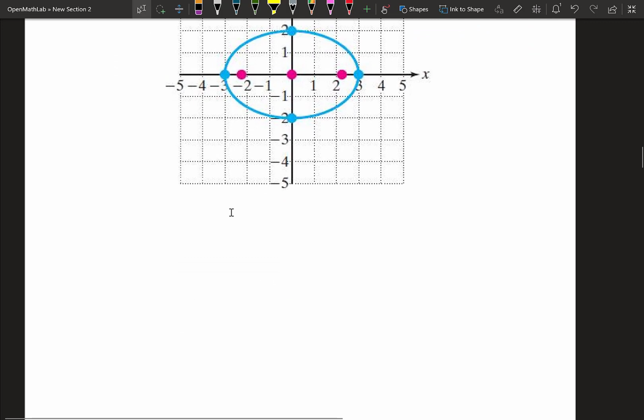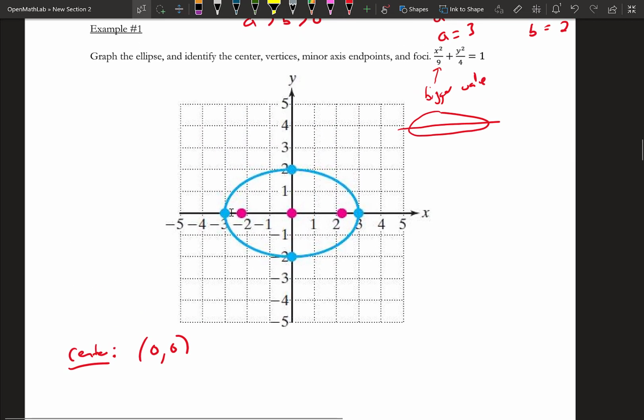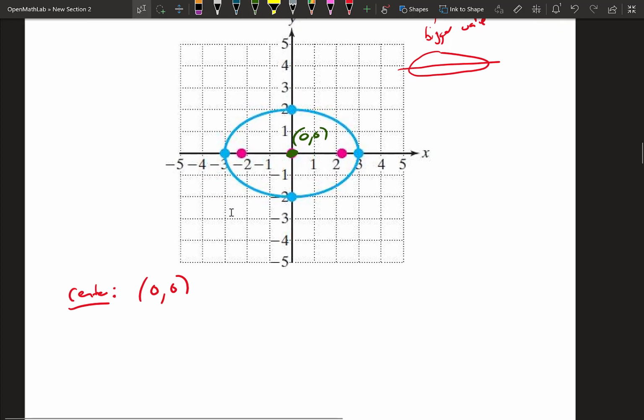All right. So the center, we're supposed to identify the center, which of course is 0, 0, right? Because we're only going to deal with that in this class, centered at the origin. There's the center, and then the vertices can be found by the points a, comma 0, and negative a, comma 0.